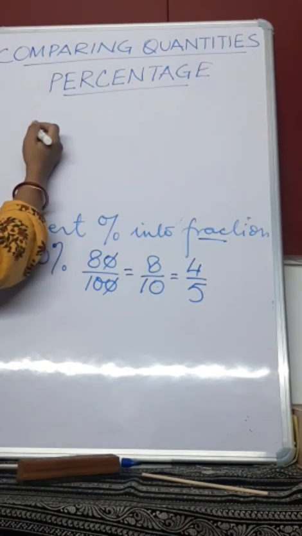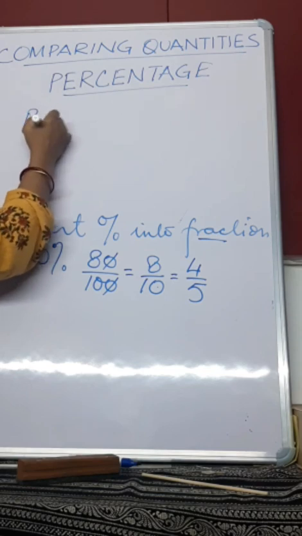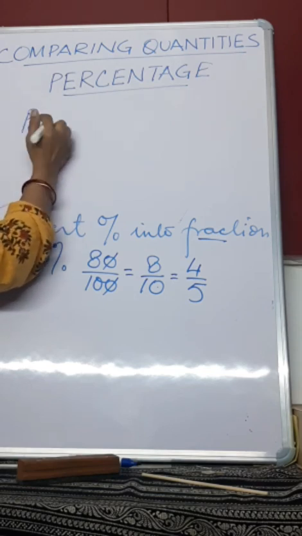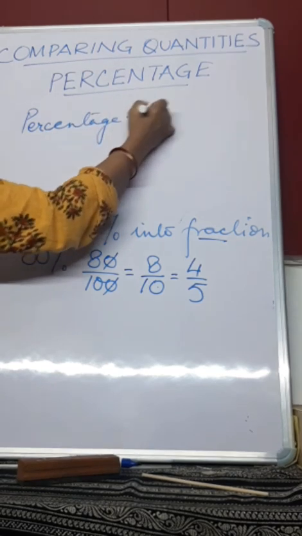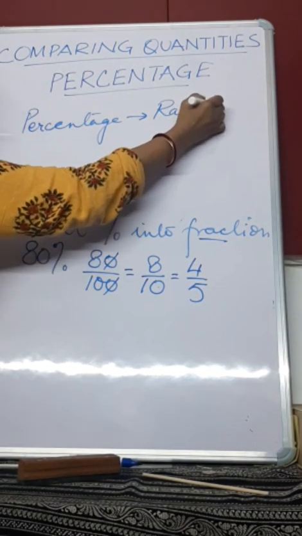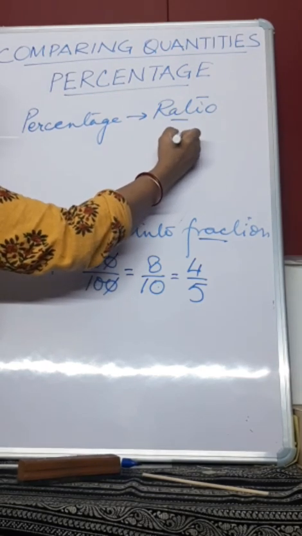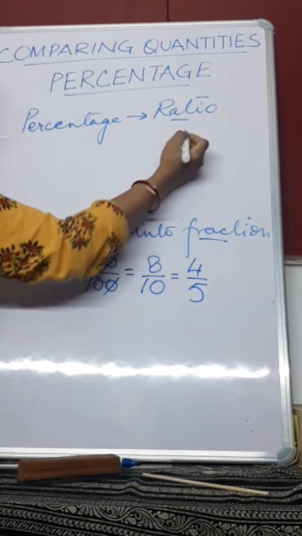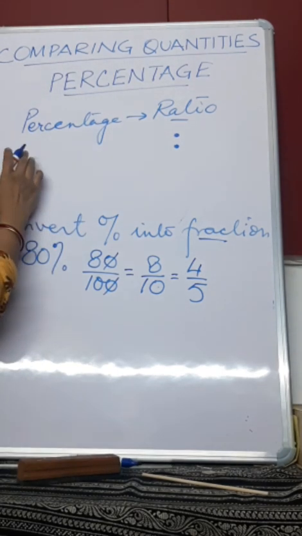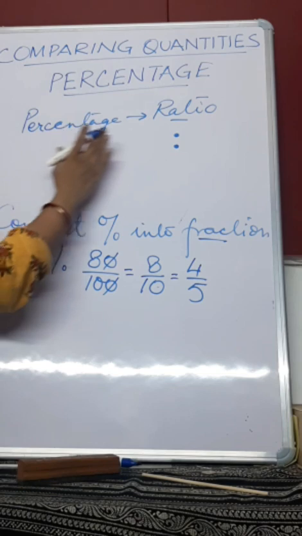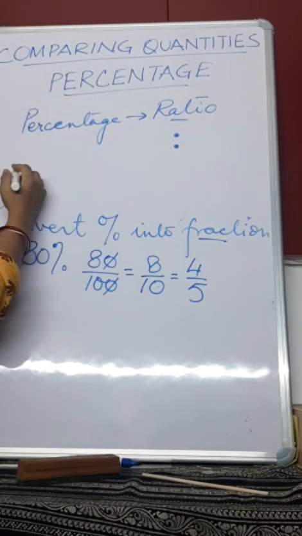Next is, we will change the percentage as ratios. Percentage as ratio. For ratio, we use the sign of is to. Now, remember the ratio is always in the lowest terms.